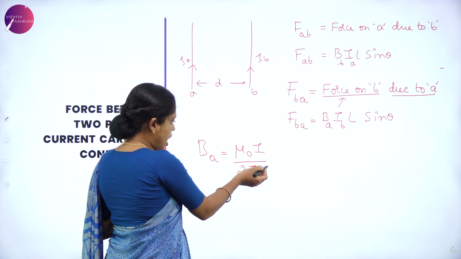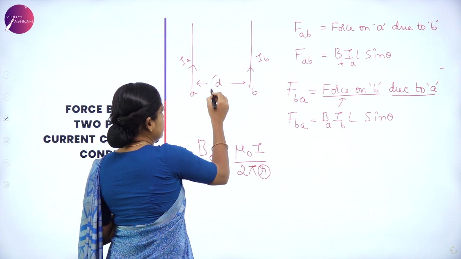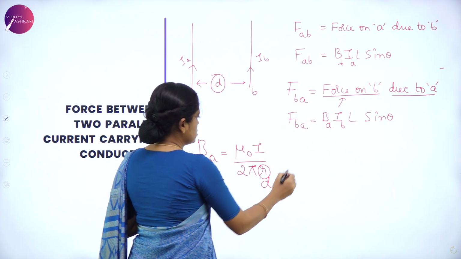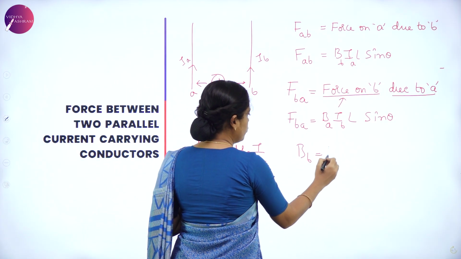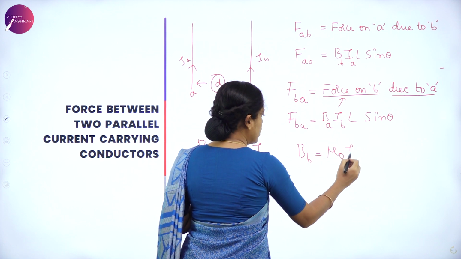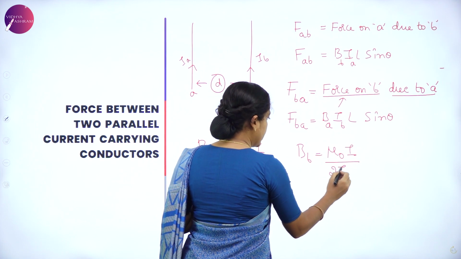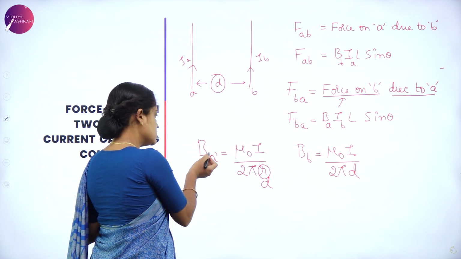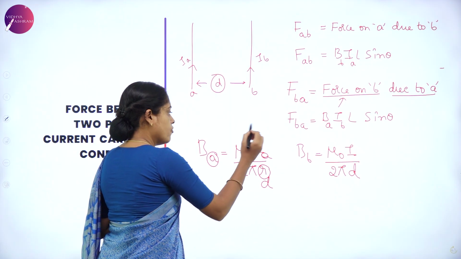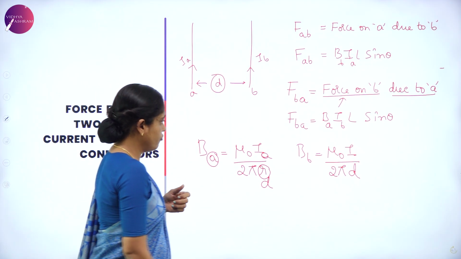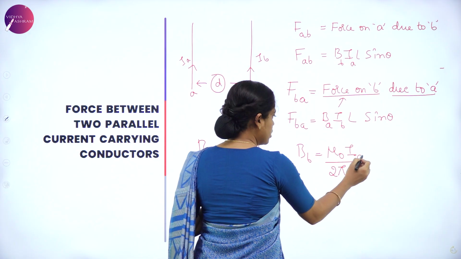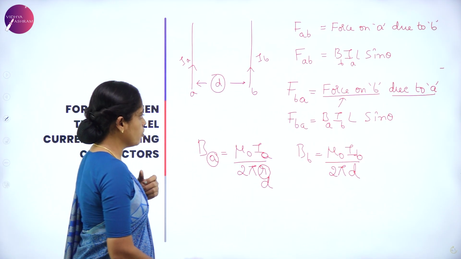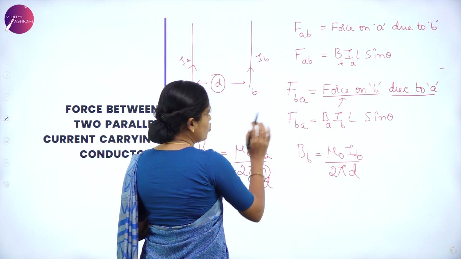But here R is the distance D. Next, in the same way, B is equal to mu naught I by 2 pi D, with the current in the same wire which is creating the magnetic field. So the current in B is producing the magnetic field B. Now we will substitute this in the two expressions.